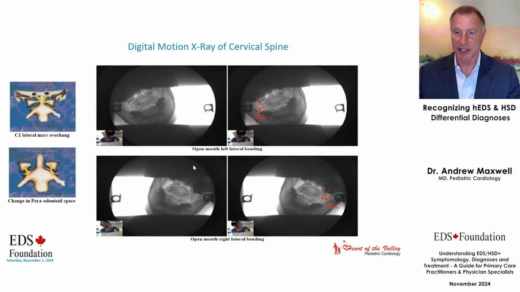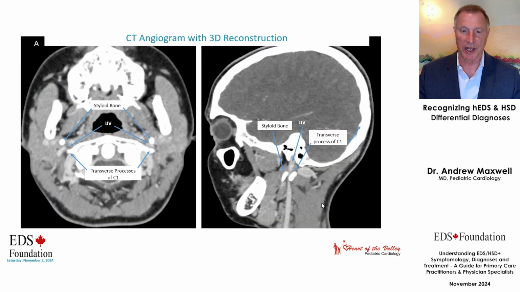You can actually see C1, relative to C2, slipping to the left when leaning left and slipping to the right when leaning right. So it's one of the better ways to assess craniocervical instability in these patients.